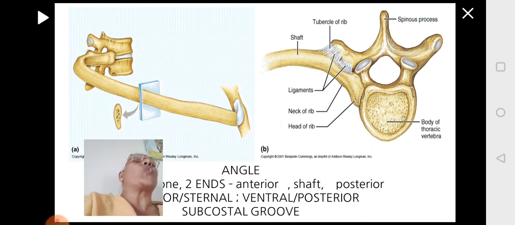Here is where the joint is formed between the head of the rib and the body of the thoracic vertebra. And in the neck region, one facet is there on the rib which will articulate with the facet of the transverse process of the vertebra. So students, with this we completed the vertebral column and the rib cage.